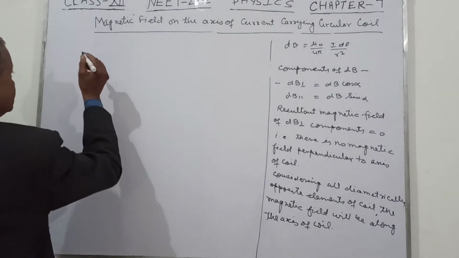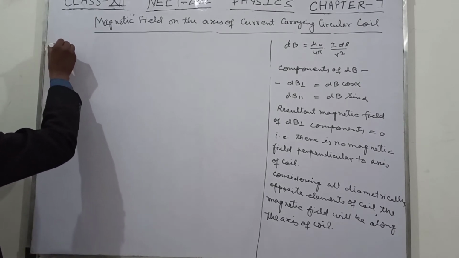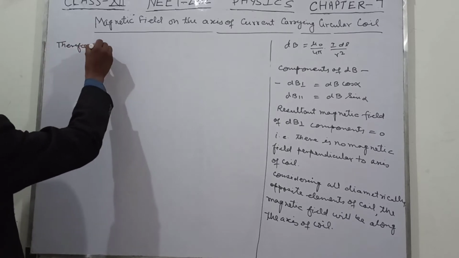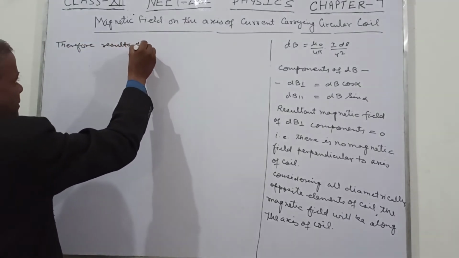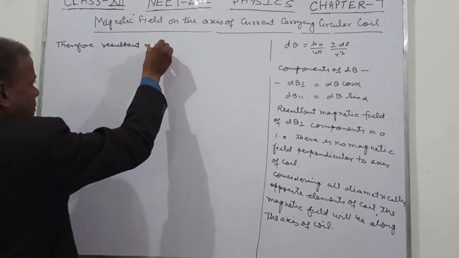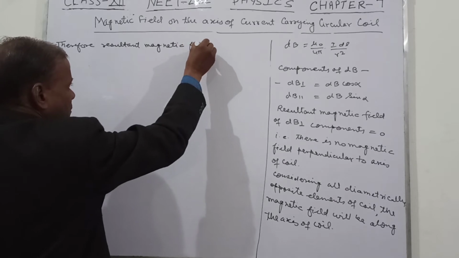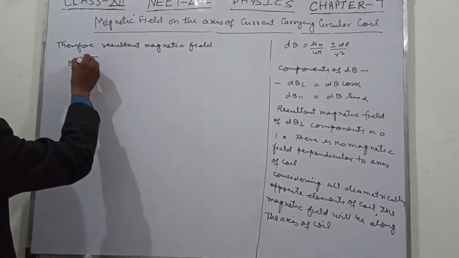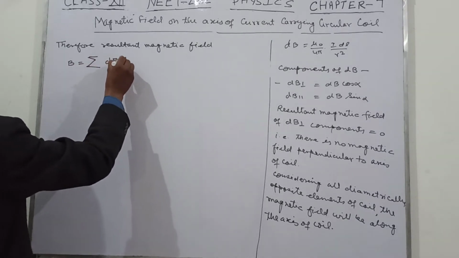Therefore, the resultant magnetic field B is equal to the sum of all these components, dB sin alpha.